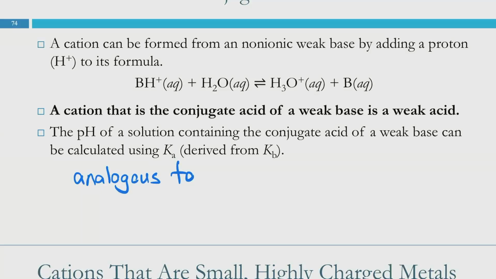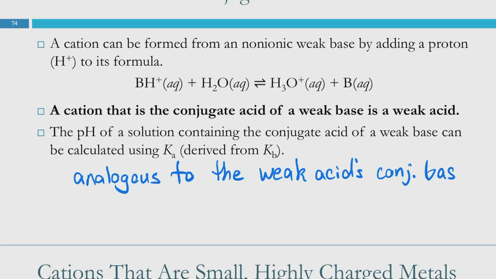This is analogous to the weak acid's conjugate base that we were talking about before. We're just switching the acid and the base. So we've got a weak base. It's going to form a conjugate acid in solution. That can also go back to reform the weak base.